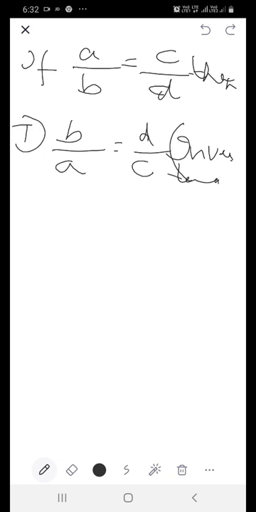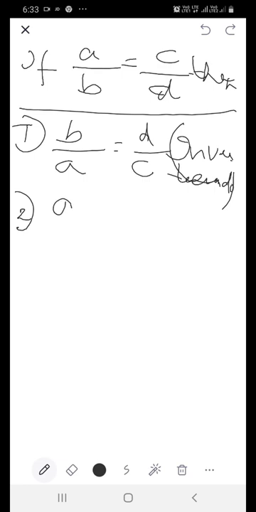Invertendo. Spellings you can see in your book also. Now this will be given for all the properties. Now what will be the second property? In the second property, I am going to change the places of b and c.